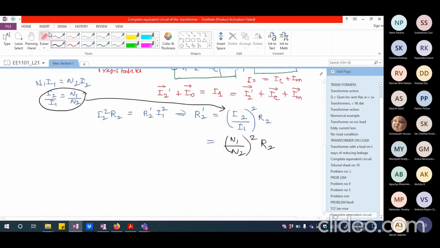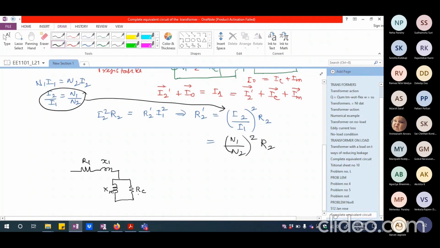Now what I can draw as the equivalent circuit will be, this side I have R1, I have X1, I have of course XM, and I have RC. So XM is the magnetizing reactance, which is the mutual inductance between the primary and secondary.